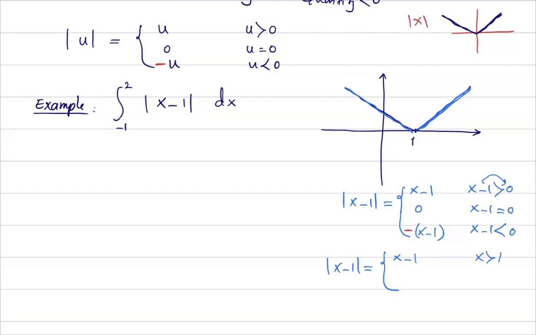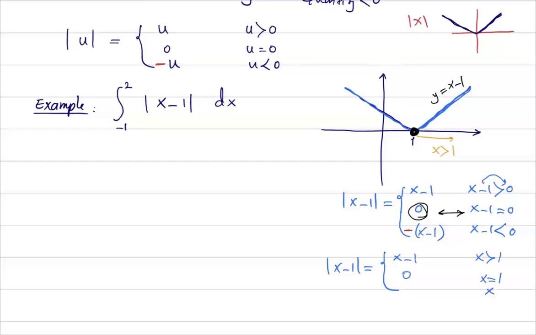So when x is more than 1, we have y equals x minus 1. At 1, the value is equal to 0. When x is equal to 1, we get 0, which is obvious.